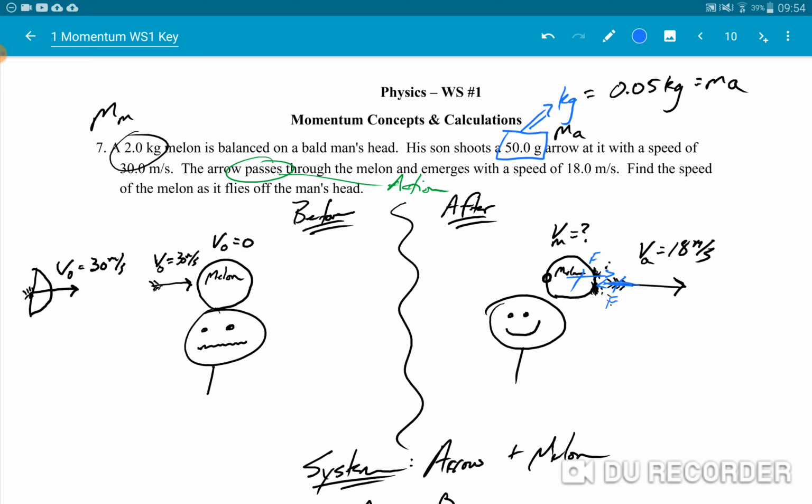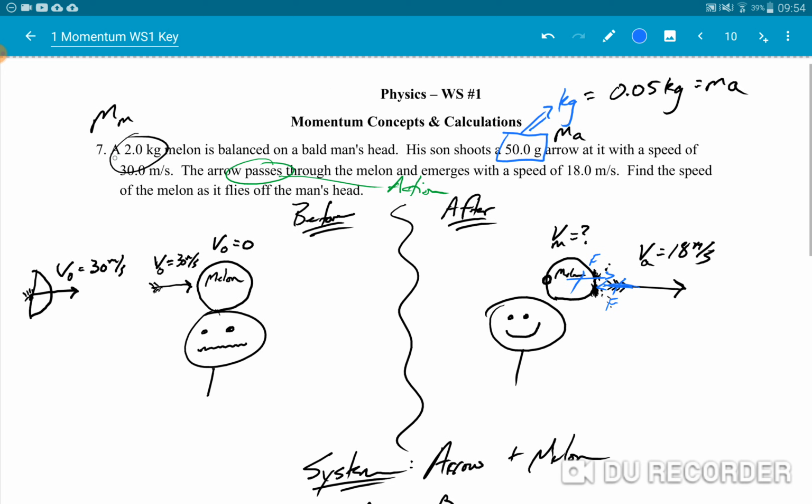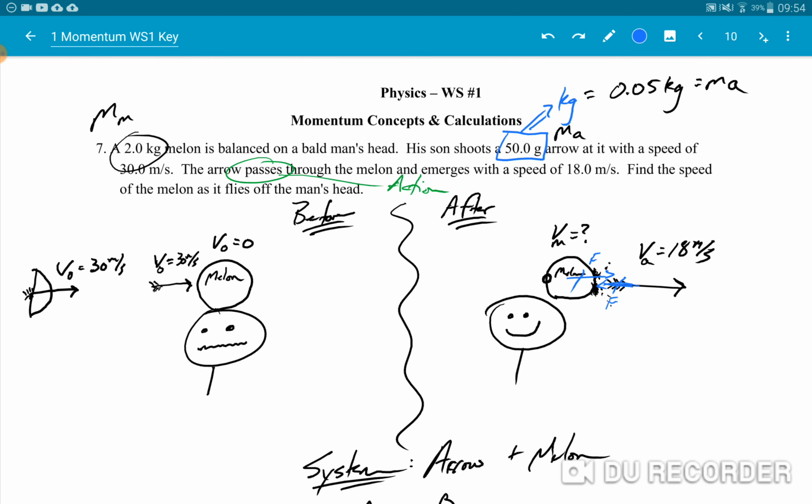And the arrow does slow down, as we would expect, and the melon then does speed up. Now, the melon has a lot more mass than that arrow there, so the arrow slows down about half, 30 to 18, about half. So it slows down by 12 meters per second, and the melon only speeds up by 0.3 meters per second. Does that make sense?